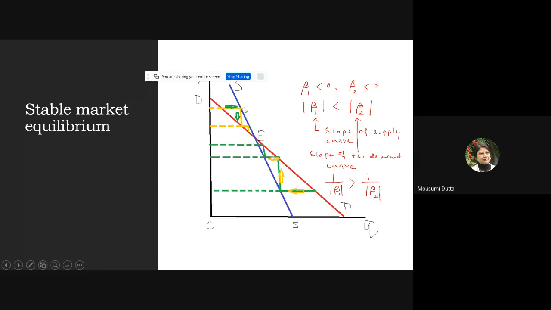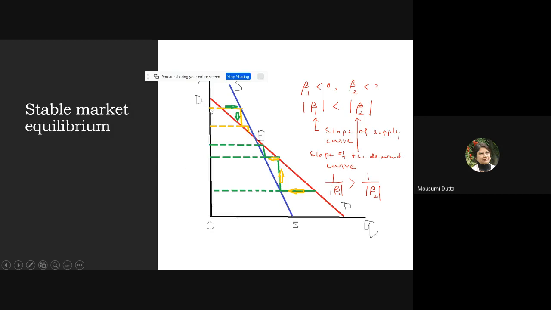So there is an excess supply, and if there is an excess supply, there will be a reduction in price. As the price is reducing, the demand is given by this much, whereas supply is again given by this much. So still there is an excess supply. So price will again fall, and eventually it is moving towards equilibrium.